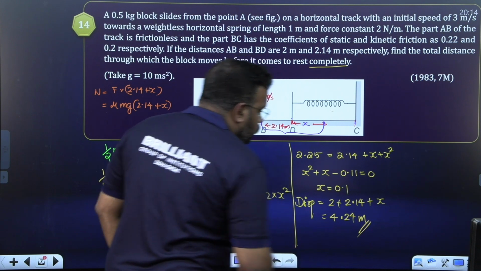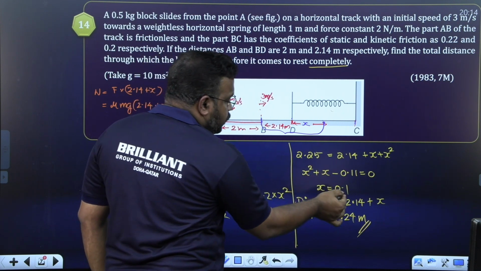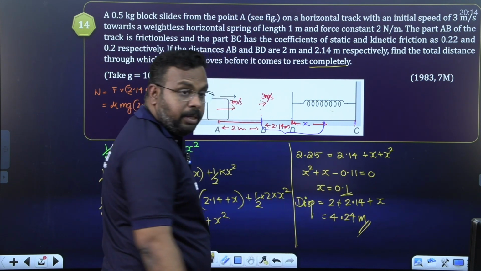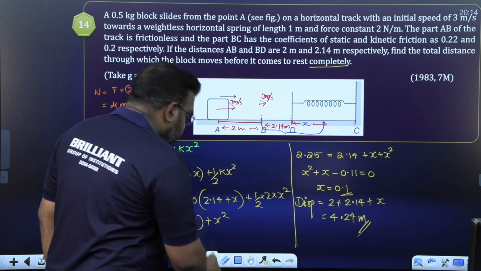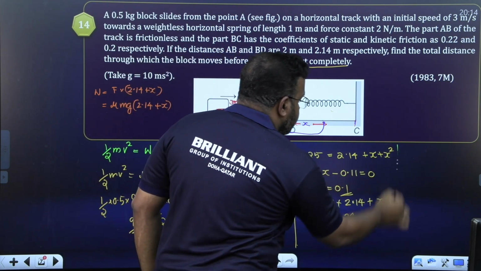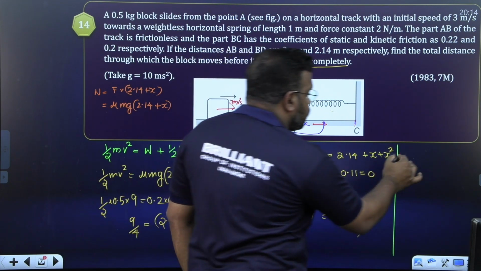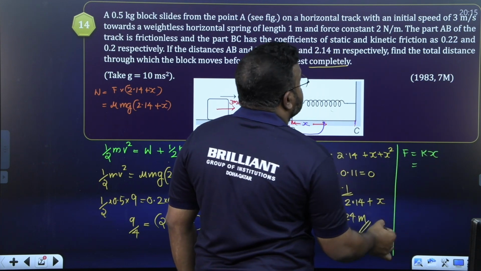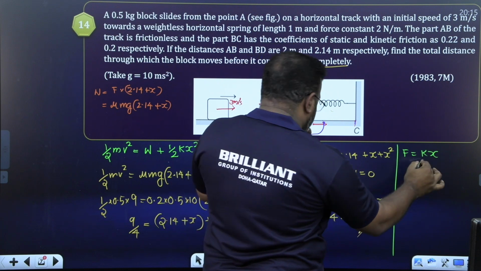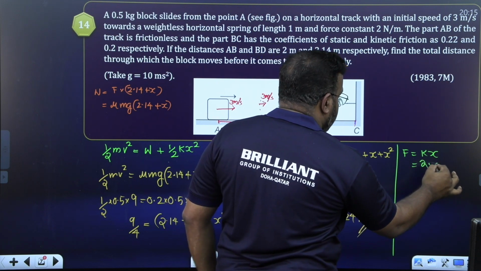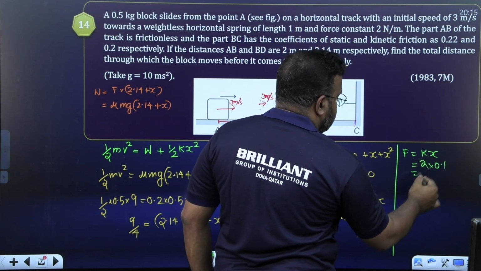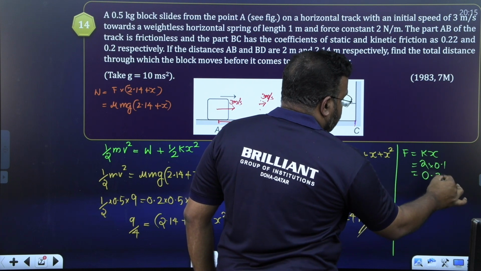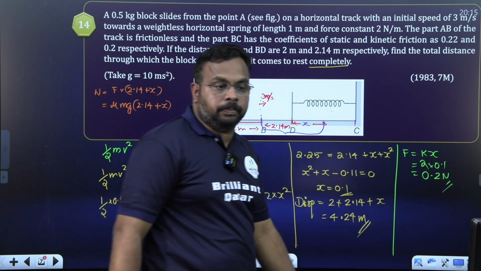So that I can tell you how to find. See, what is the distance to which it is covered? 0.1. Then how much restoring force will be there in the spring? You know the formula of restoring force, it is Kx. K is given as 2 into displacement is 0.1. So you can see it is 0.2 Newton. This is the restoring force in the spring.